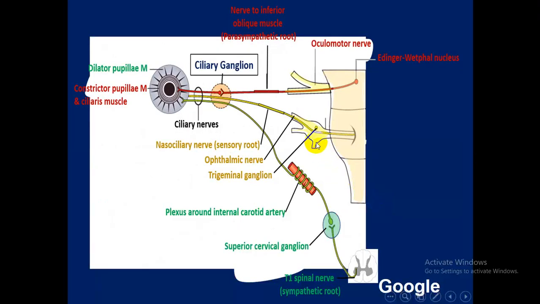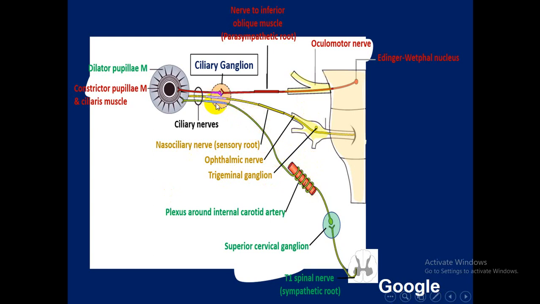Here, as we notice, these are the sensory fibers from the nasociliary, which is a branch of the ophthalmic division of the trigeminal nerve. The sympathetic from the sympathetic plexus are postganglionic fibers also, from the internal carotid plexus.